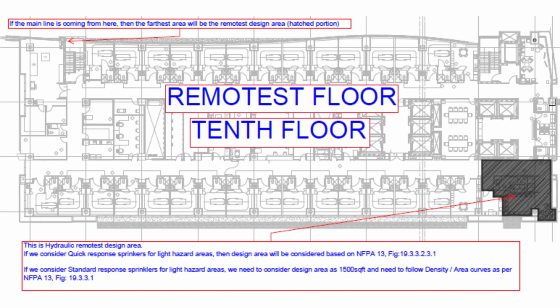Before performing the hydraulic calculations, we need to identify the hydraulic remotest design area. For example, in this particular slide, if the main line is coming from the left side staircase area, then the farthest area will be the remotest design area, that is the hatched portion.